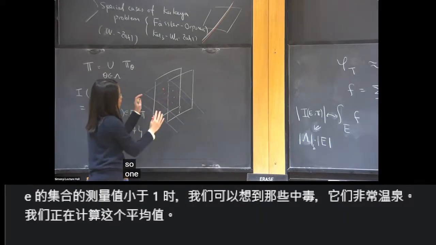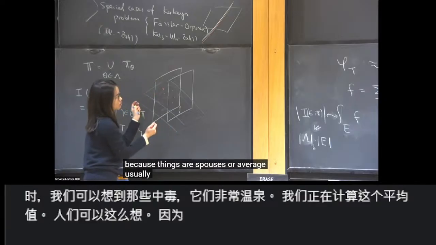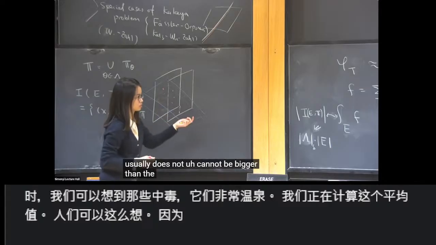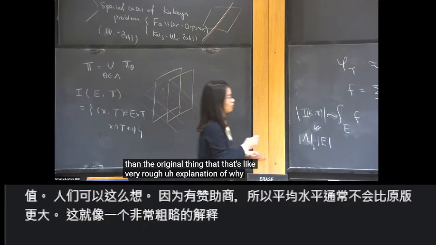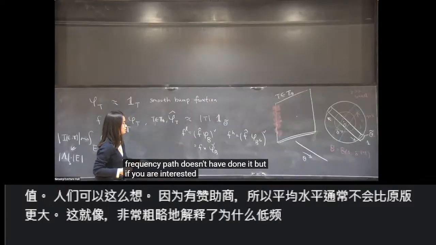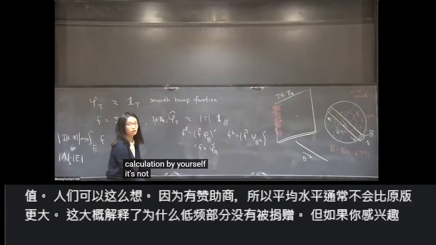Because things are sparser, the average usually cannot be bigger than the original thing. That's a very rough explanation of why the low frequency part doesn't dominate. But if you are interested, you can do the calculation by yourself, and it's not complicated.